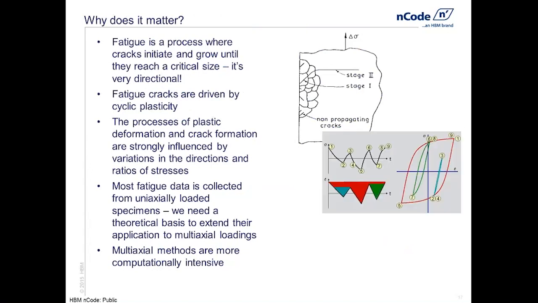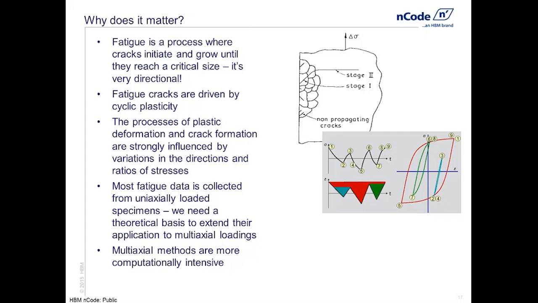When we do fatigue calculations using the local strain approach, we pay quite a lot of attention to the cyclic plasticity that occurs, and our analysis methods analyze the plastic deformation and try to capture the shapes and sizes and positions of the hysteresis loops. And this plasticity, unfortunately, is also strongly affected by multiaxiality.